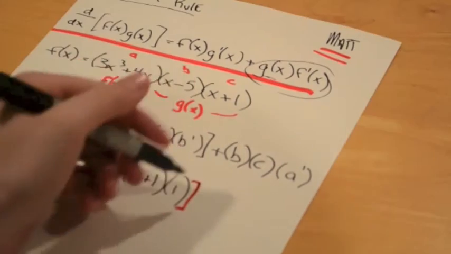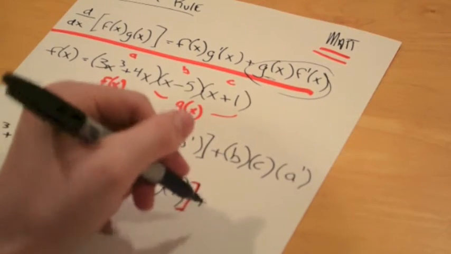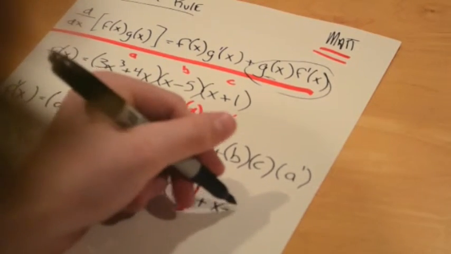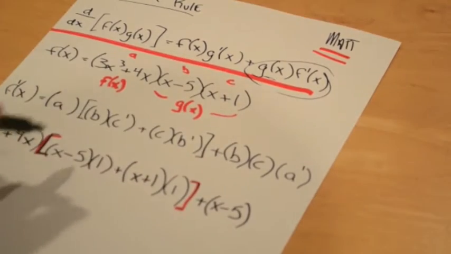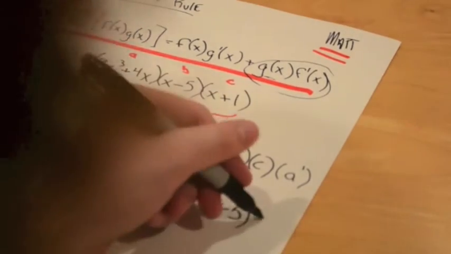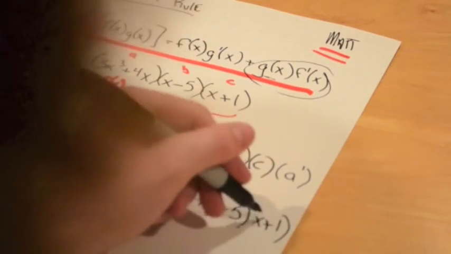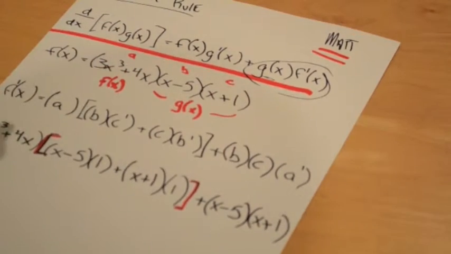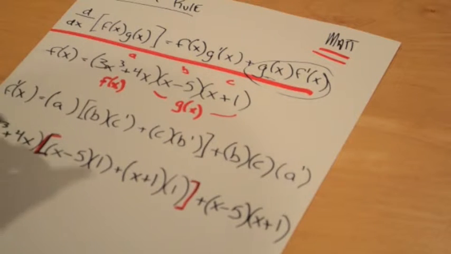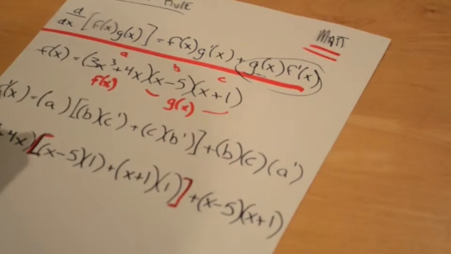And then, continuing on, you got plus x minus 5, running out of space, multiplied by c, which is x plus 1, multiplied, sorry, this is going to get confusing, multiplied by the derivative of a. Derivative of a is 9x squared plus 4.